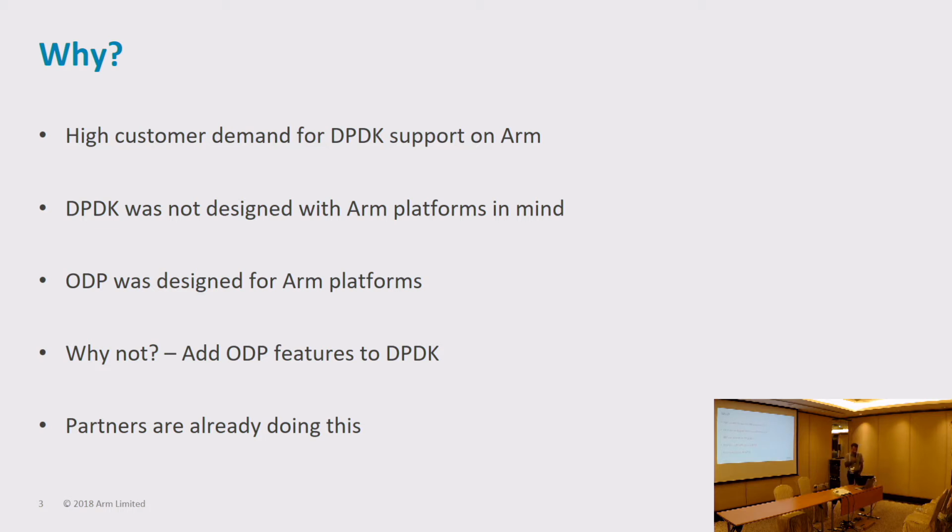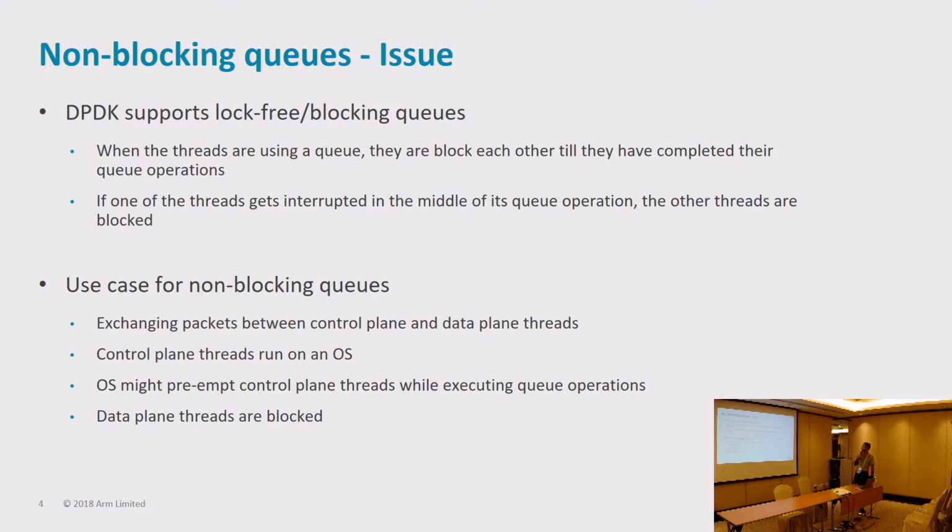So from our point of view, it makes sense to help accelerate our partners in achieving this. With this in mind, let's take a look at a few of the features that I think are important.